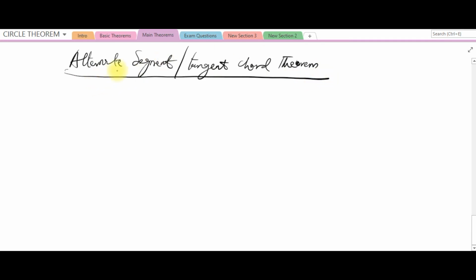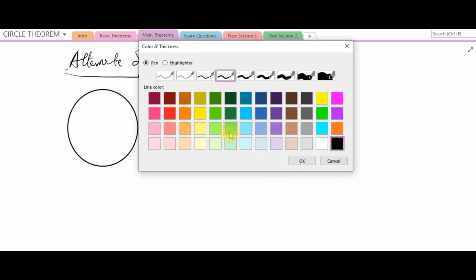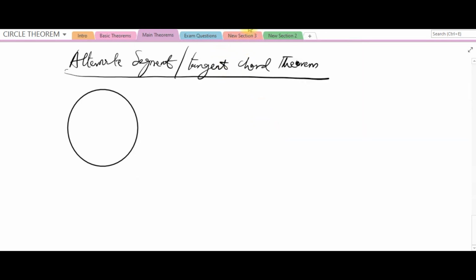From the name tangent chord, it has something to do with a tangent line and a chord. The theorem states that if you have a circle and you have a tangent to the circle, so this is a tangent line.